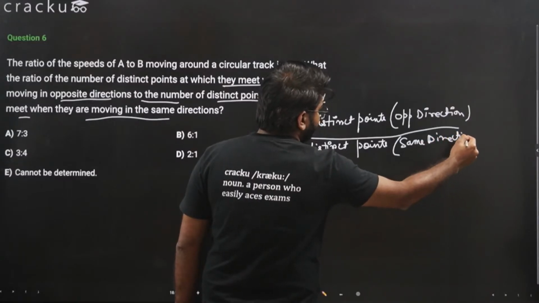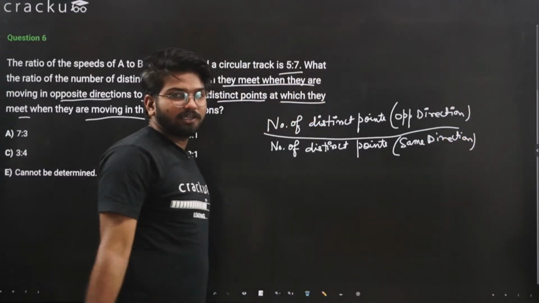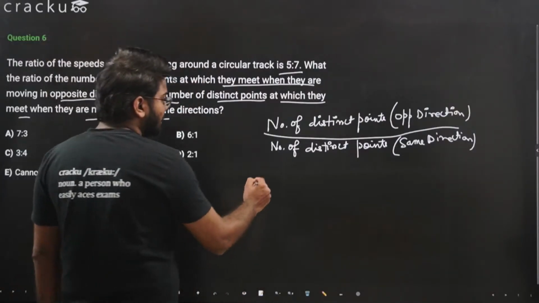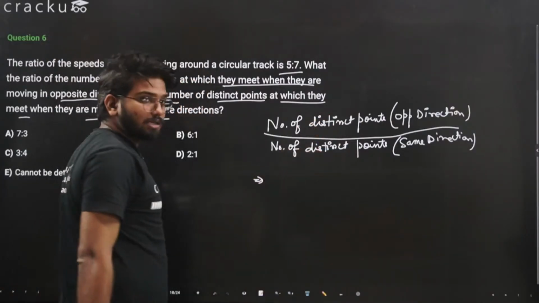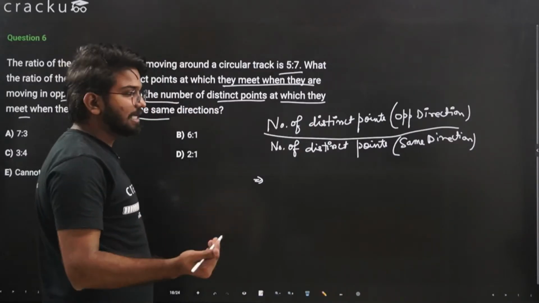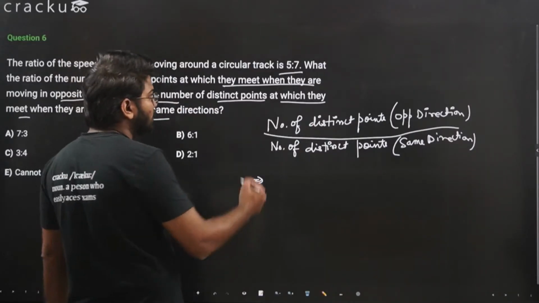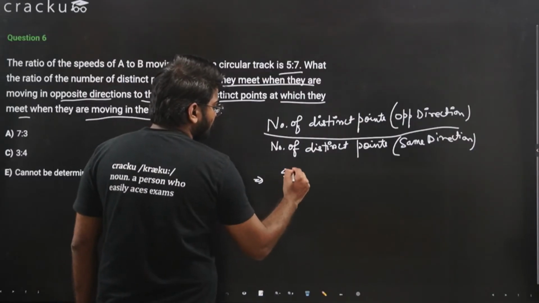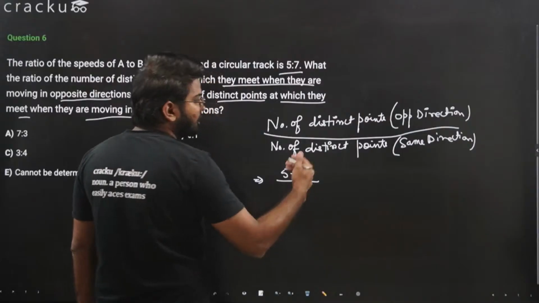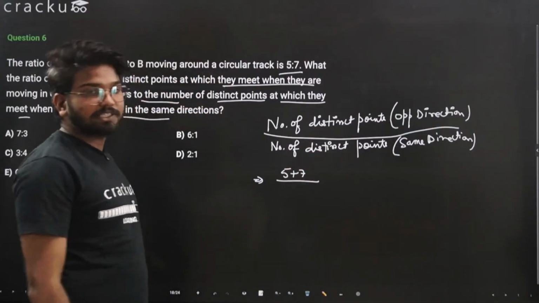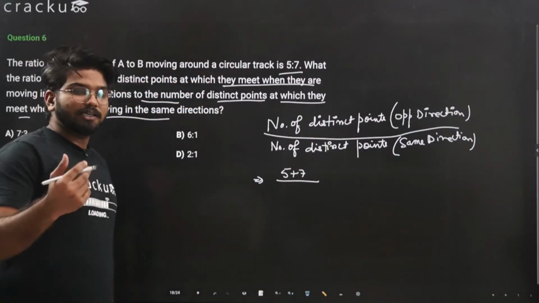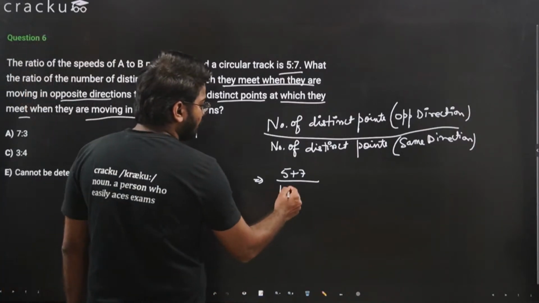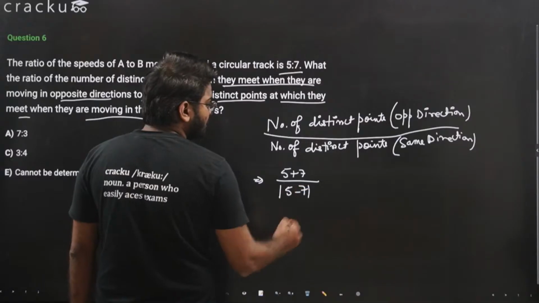So we know that when we are given the ratio of their speeds in simplest form, the number of distinct points when they move in the opposite direction is the sum of that ratio, that is 5 plus 7, and when they are moving in same direction, the number of distinct points will be the difference of that ratio, that is 5 minus 7.